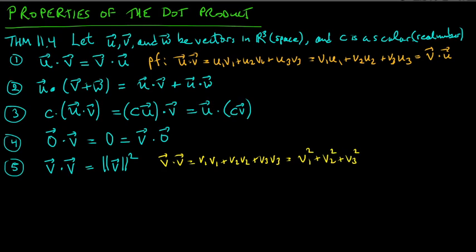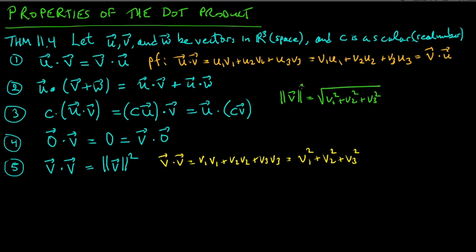And if you remember, the magnitude of a vector v is just the square root of the sum of the squares of the three components.